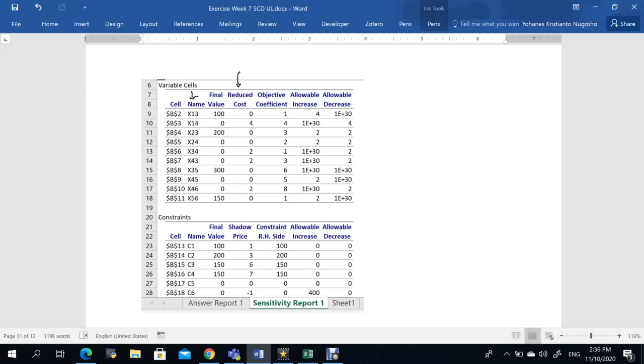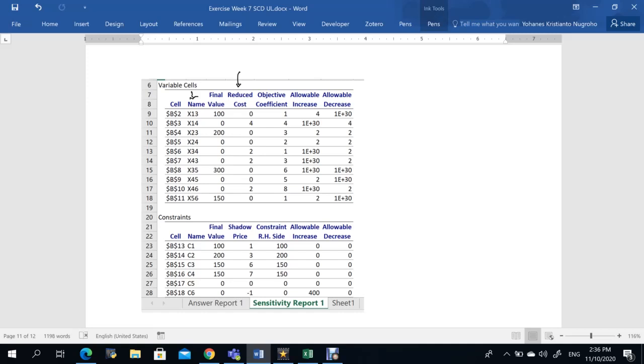Because from 1 to 4 there are no distribution routes and no shipped products, and therefore the reduced cost is 4 and the allowable increase is almost infinity because there is no shipment from 1 to 4. The other rows in this upper table have the same explanation.